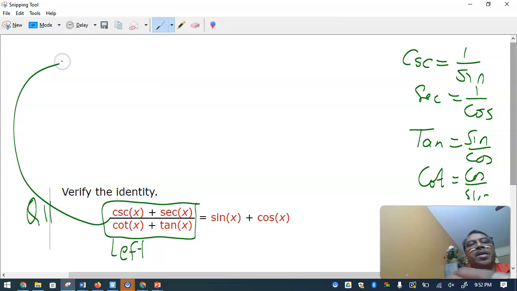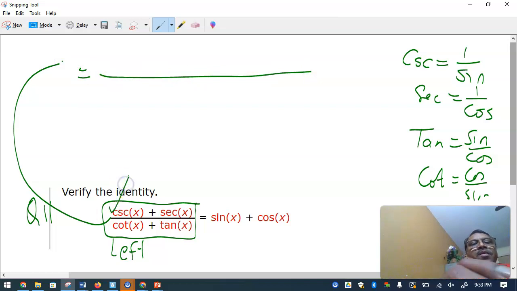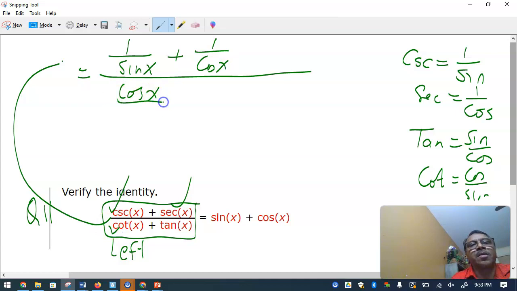I'm going to make room here to write the equal sign and a big division line. This cosecant is 1 over sine of x. This secant is 1 over cosine. This cotangent is cosine over sine. And this tan x will be sine over cosine. So that's the first step, to replace all those ratios with the sine and cosine form.